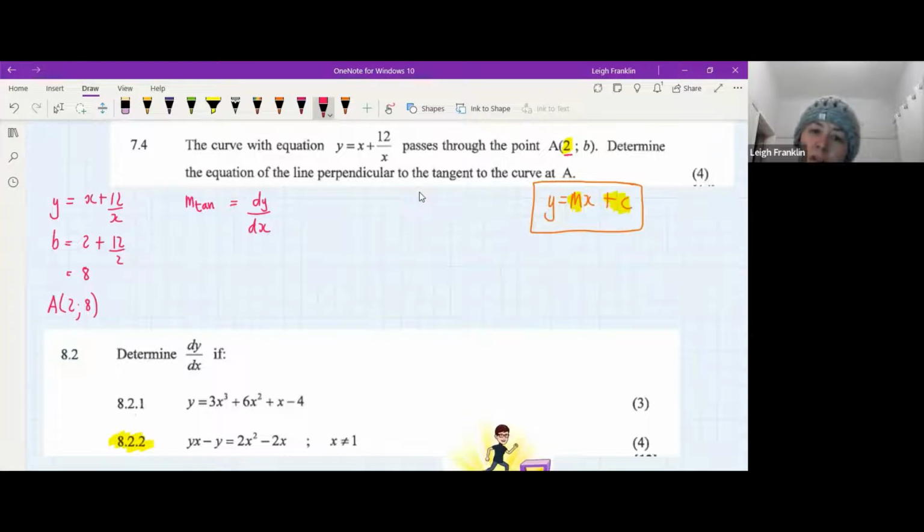Does that make sense to everybody? So I'm going to derive, so dy over dx, and that would leave me with 1 plus 12x to the power of -2. Does that make sense to everybody?